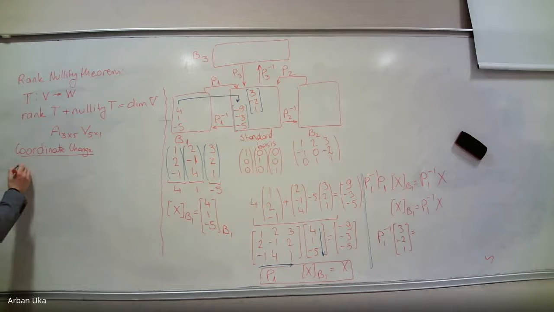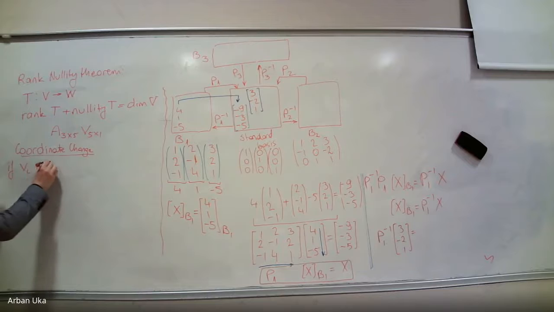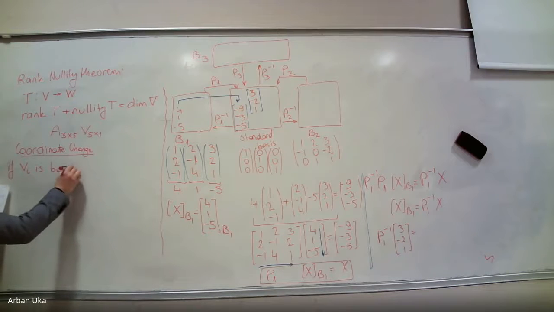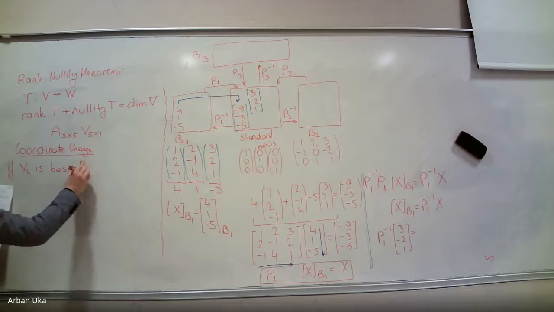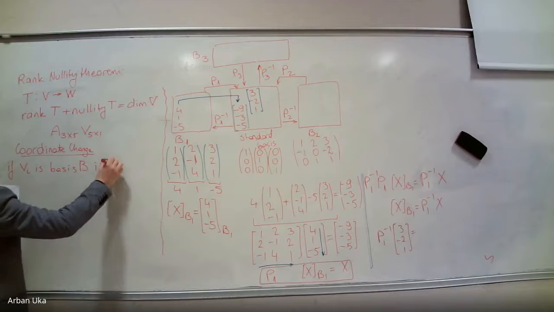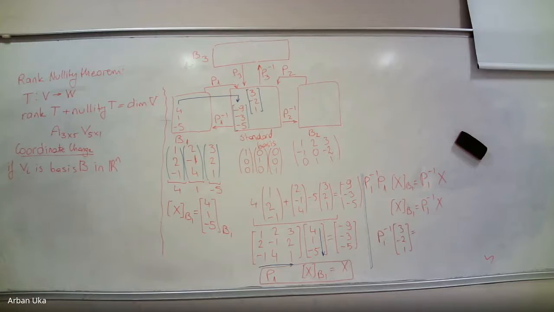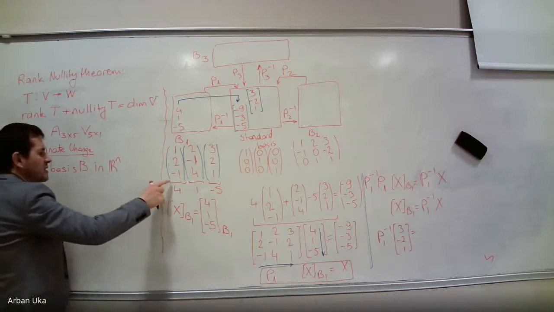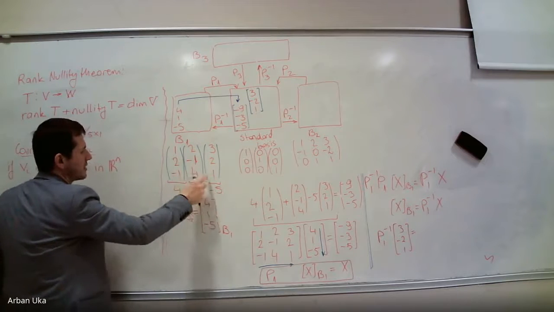So what we say here is that assuming Vi is a basis B in Rn, okay? In this case, what is the basis? V1, V2, V3. These are the columns.